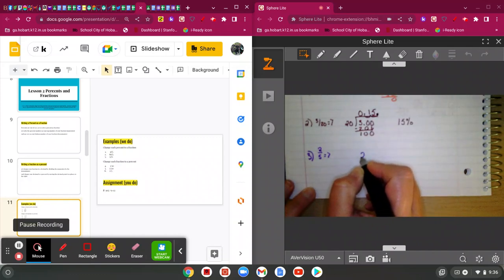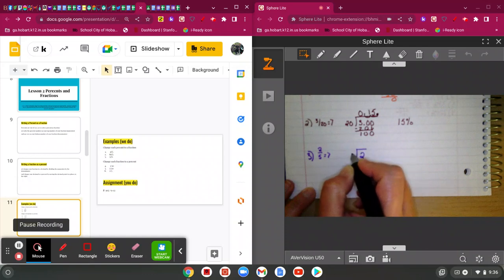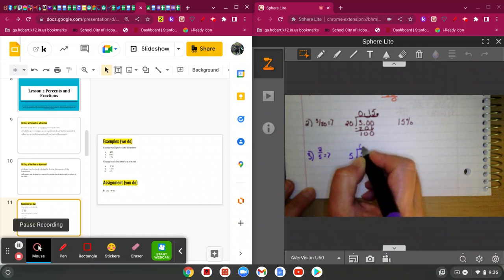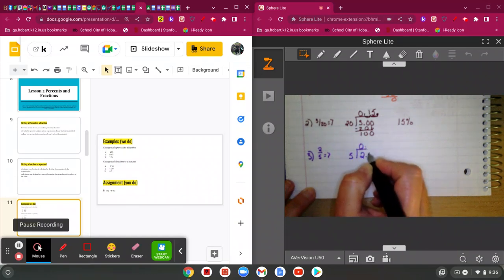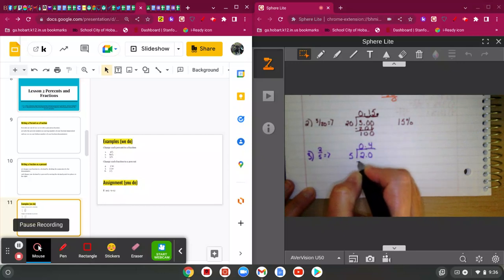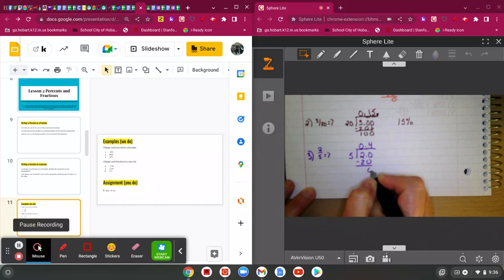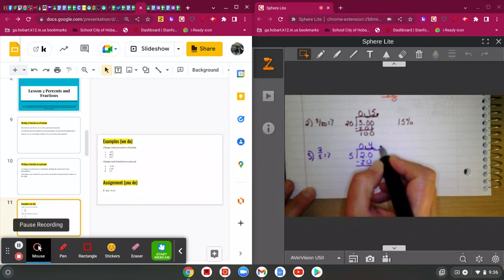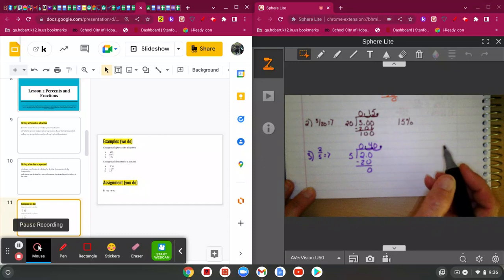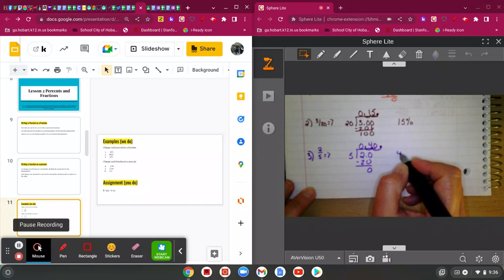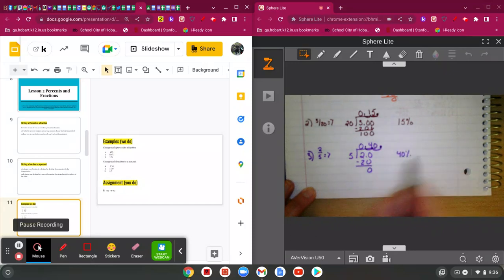So I've got to take my numerator 2, divide it by my denominator 5. 5 doesn't go into 2, so I have to have a decimal point and a 0. 5 goes into 20 4 times, which is 20. So now I have a decimal. To change my decimal to a percent, I am moving my decimal point 2 places to the right. So I'm going to fill my empty space with a 0. So 2/5 would be 40%.